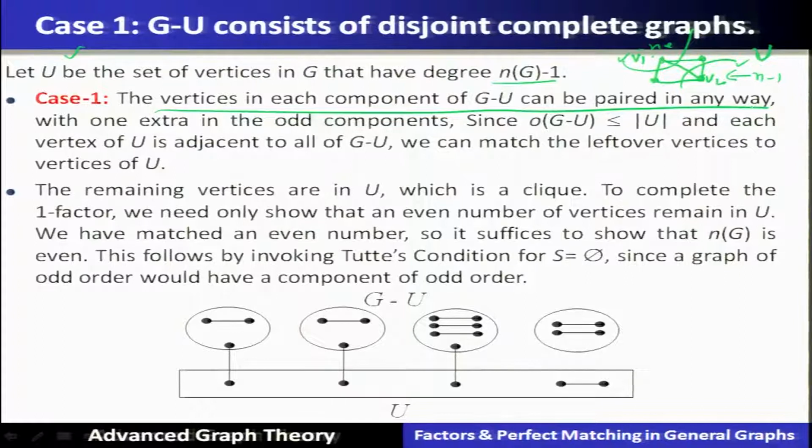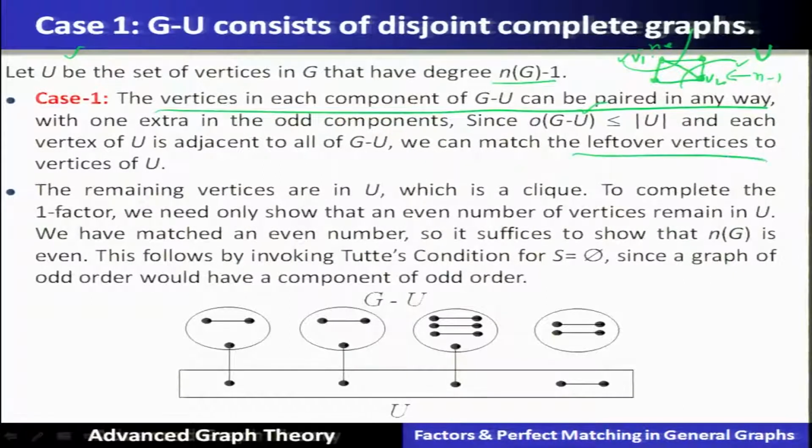Meaning, when we remove U from the graph, they will be in different components. For the components having odd parity, we will find a vertex and match it to a vertex in U, as we have stated earlier.